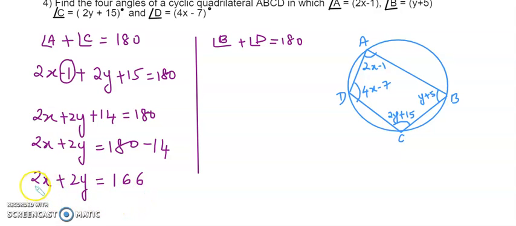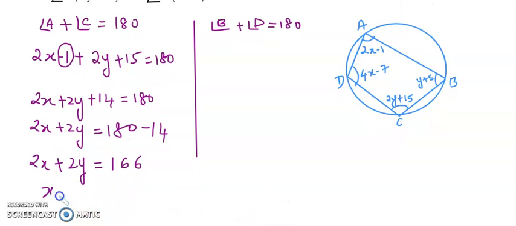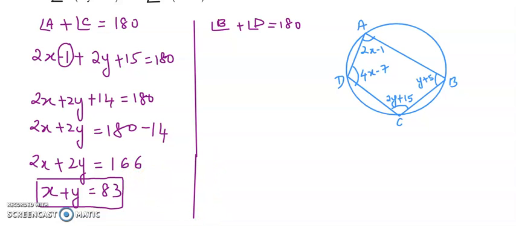Now 2 is a common factor for all three, so you can simplify it as x plus y equals 83. How did I simplify? I divided all three terms of the equation by 2, because the coefficients of x and y and the constant are all divisible by 2.